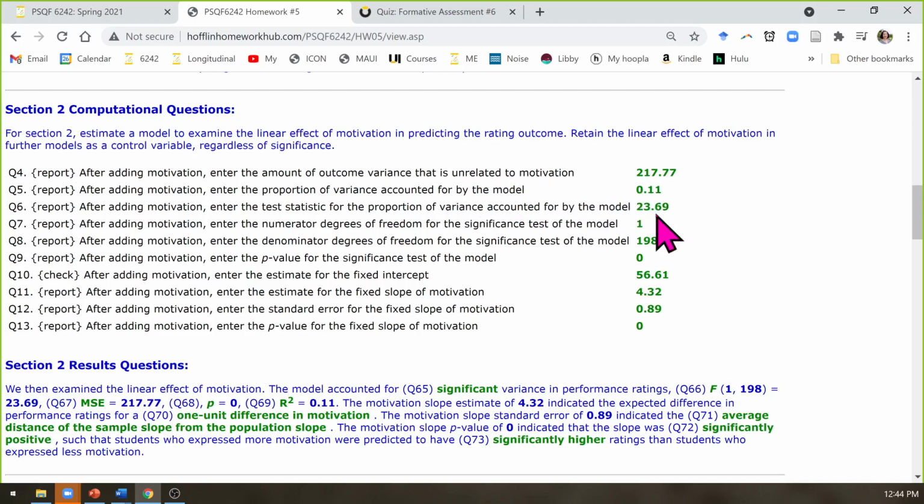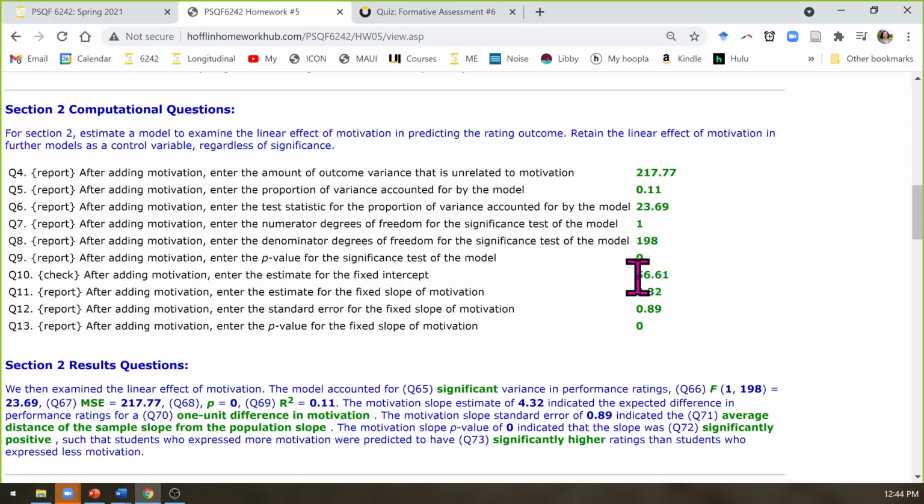It looks like in this example, motivation captured 11% of the variance as the R-square. The test statistic for the model is the same thing as the test statistic for that one slope at this point. So t-squared is F in this case. And the p-value would come from the same place, either t or F.